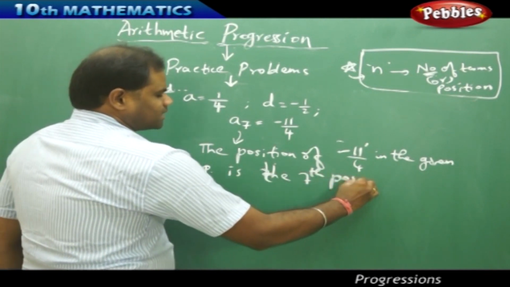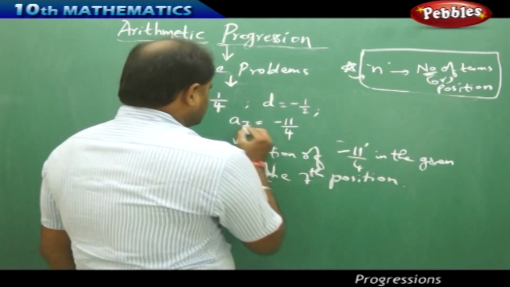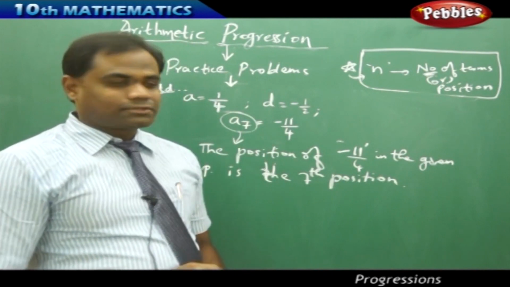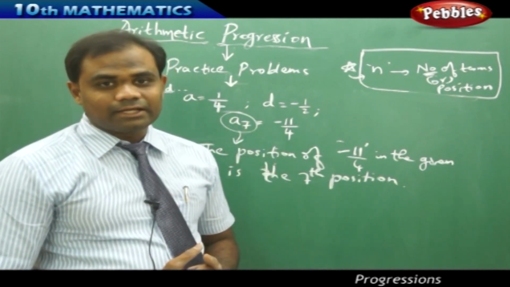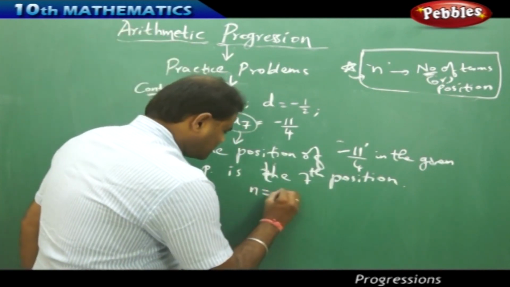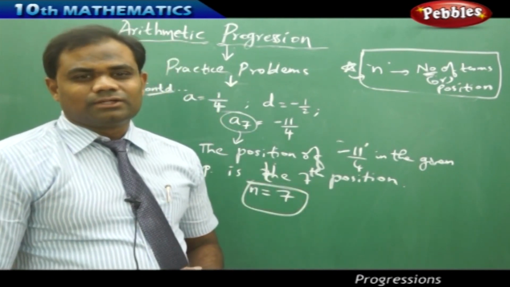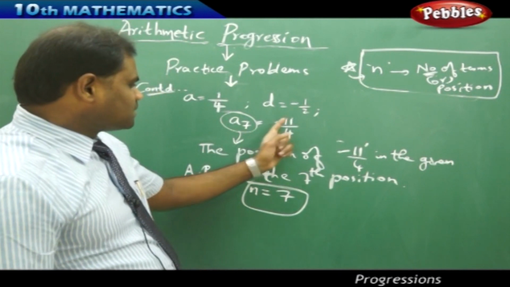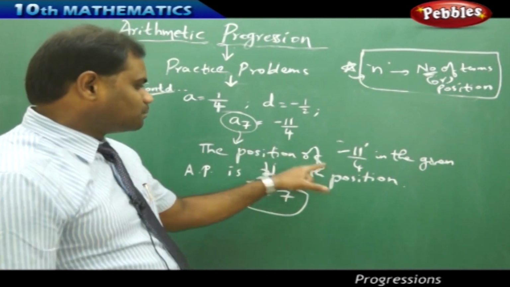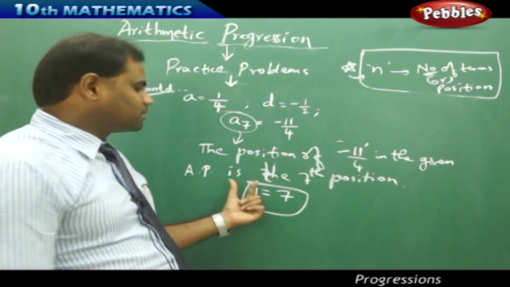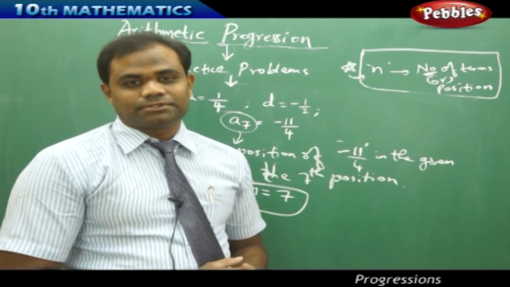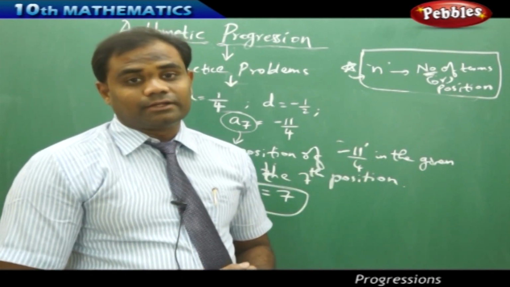That means we understand that an, which here is a7, has n equal to 7, which decides the position of the value as obtained. So when a7 is minus 11 by 4, it makes me understand that the position of this in the given arithmetic progression is the seventh position. That is how we identify it.